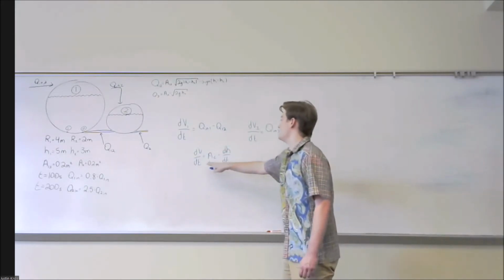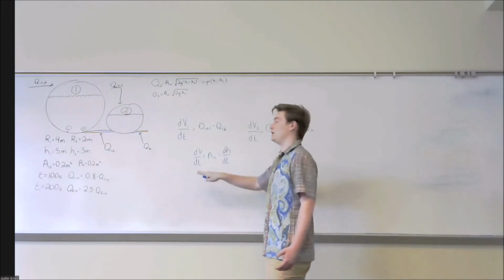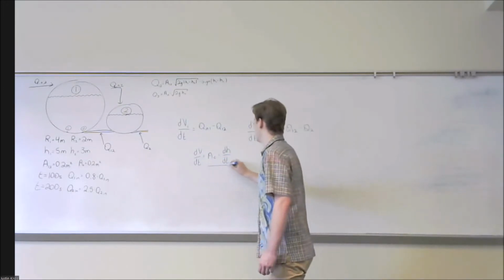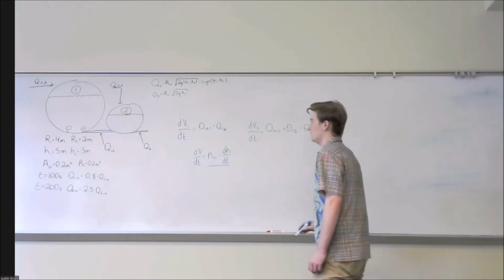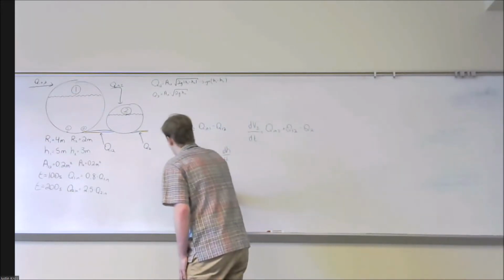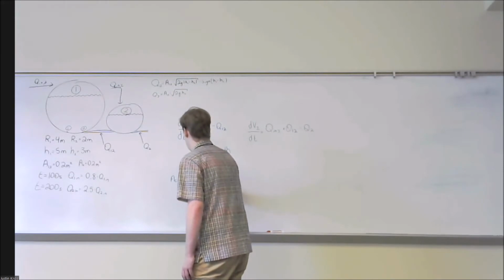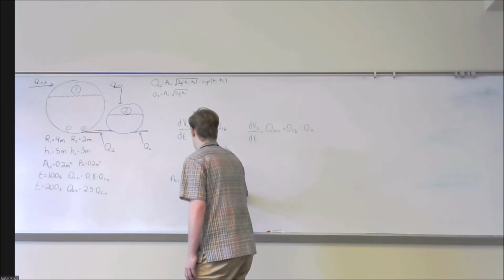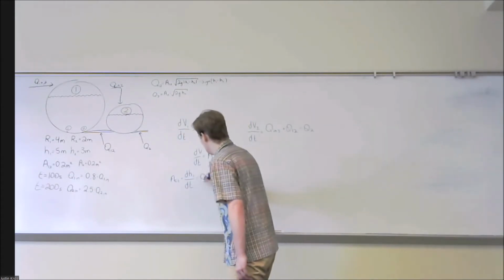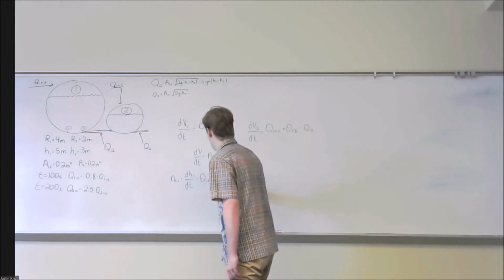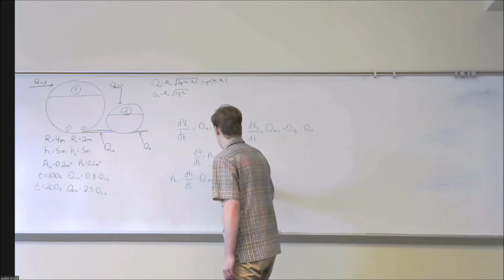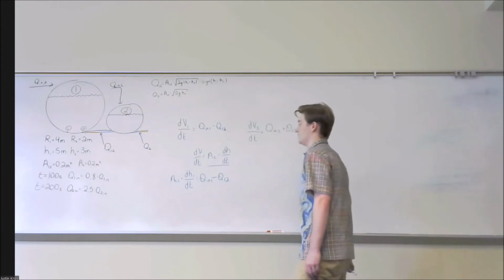It's pretty easy. We just substitute this dV dt, the change in volume, with this product right here. So this becomes AC1 times dH1 dt equals Q in 1 minus Q1,2, just like that.